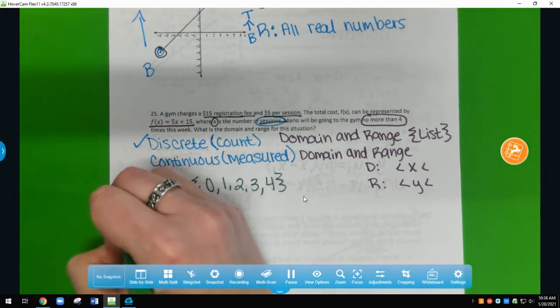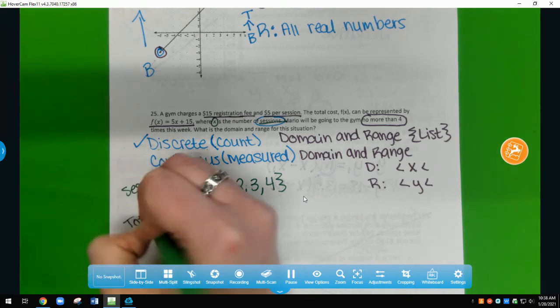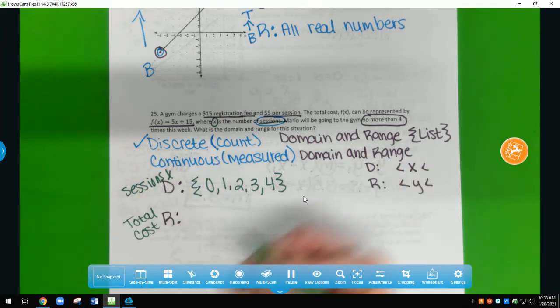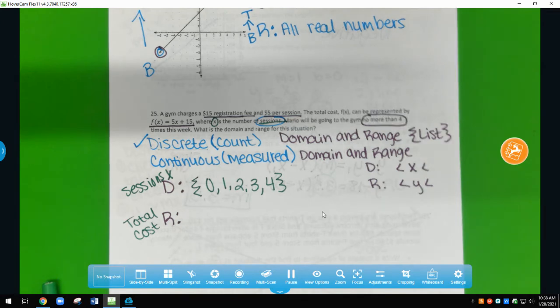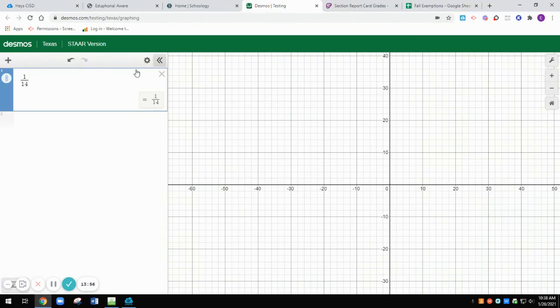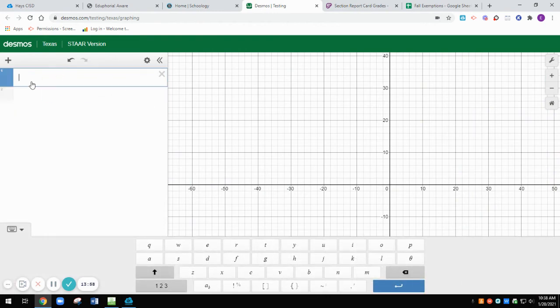Okay, so to get the total cost, I'm going to go to Desmos and type that equation in. So I have y equals 5x plus 15. I need the table, so I'm going to click the gear.